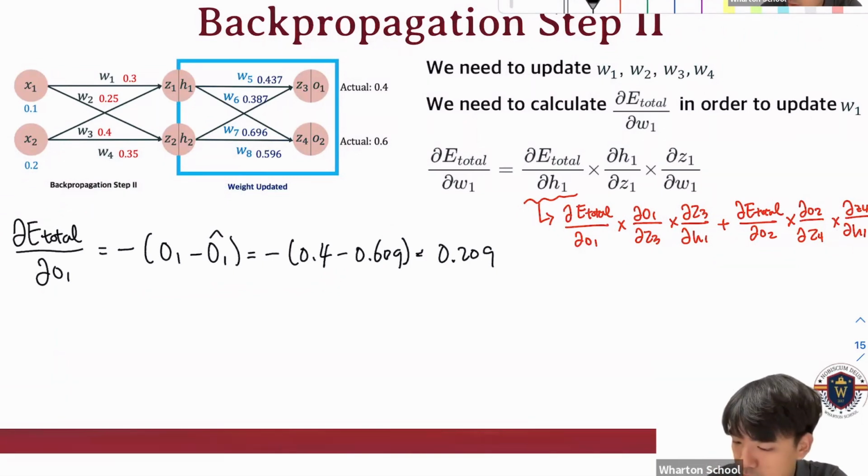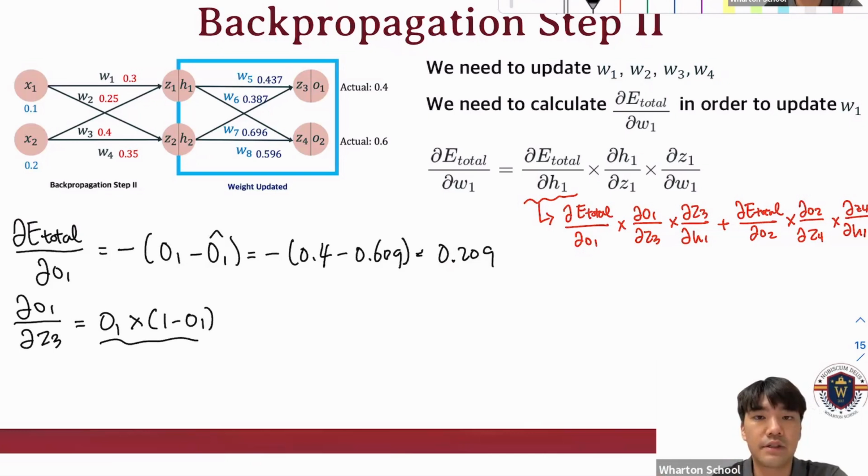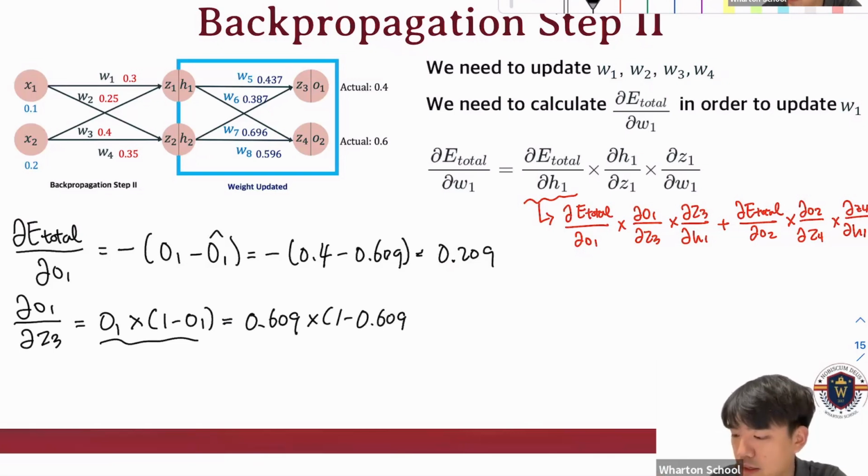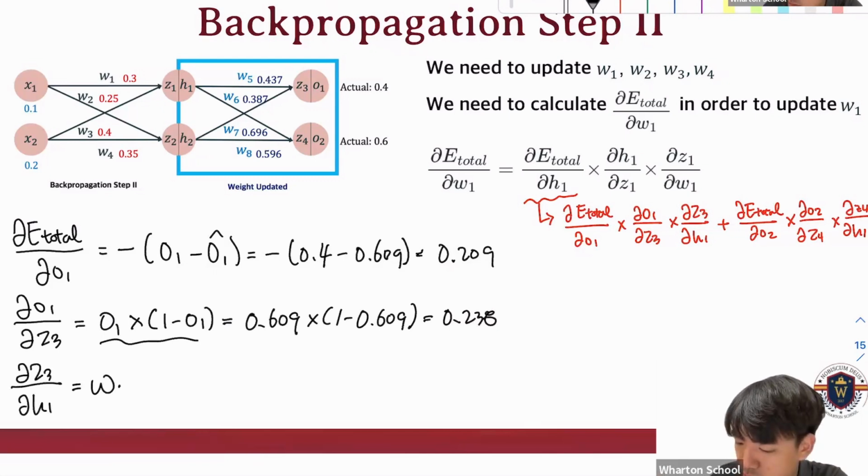The partial derivative of O1 with respect to Z3 is equal to O1 multiplied by 1 minus O1, which is the derivative of the sigmoid activation function, equal to 0.609 multiplied by 1 minus 0.609. So this is 0.238. And the partial derivative of Z3 with respect to H1 is equal to W5, so 0.45.